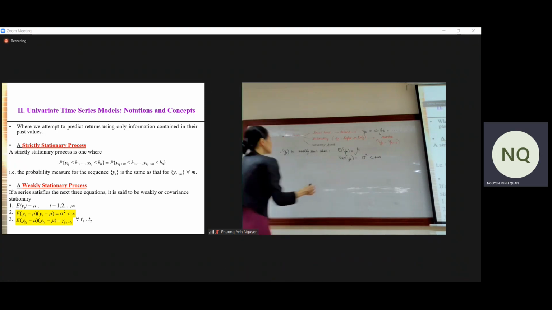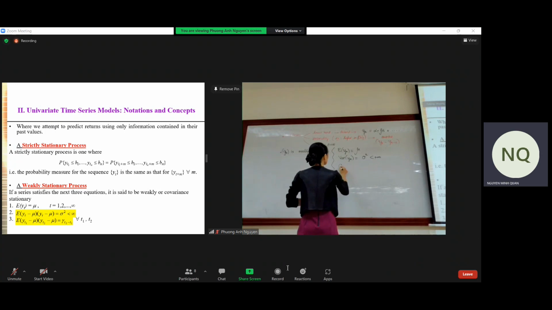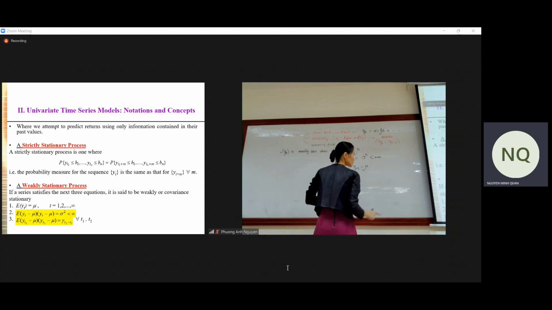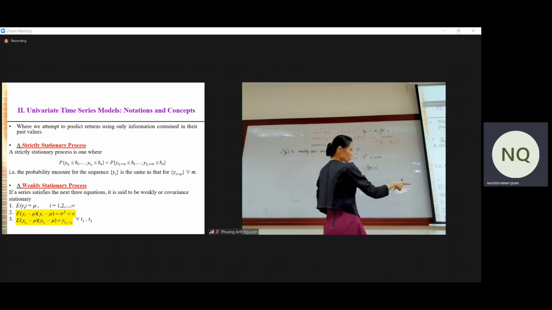The next one is what we call the autocovariance, the covariance of YT minus mu. Either you use the expectation or covariance, maybe I write it with the covariance. You can write it with minus s or plus s.